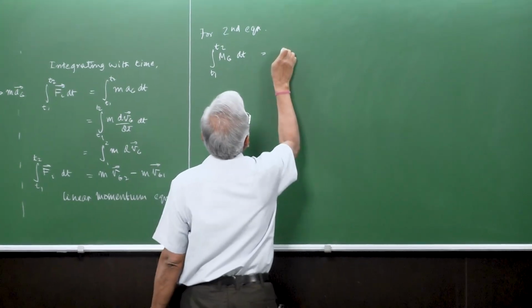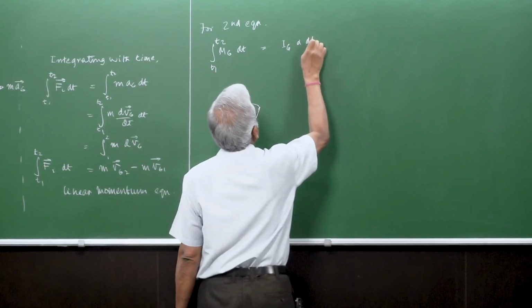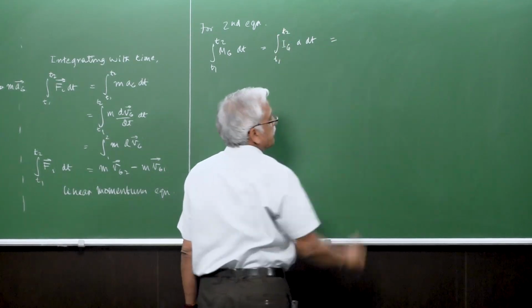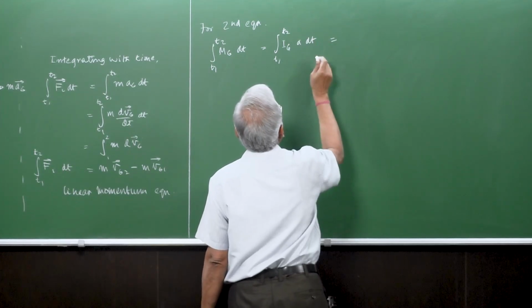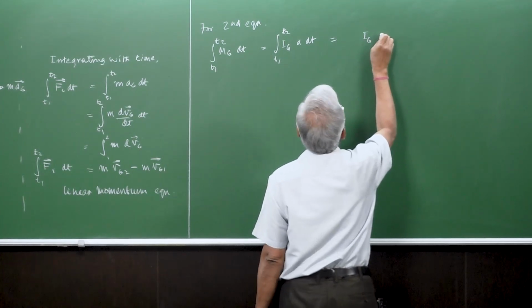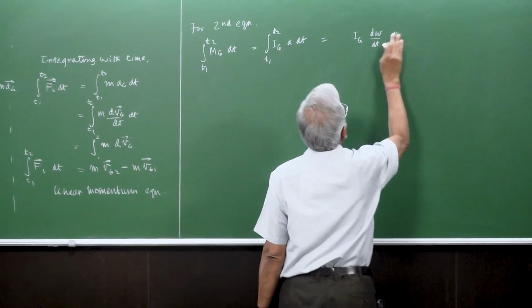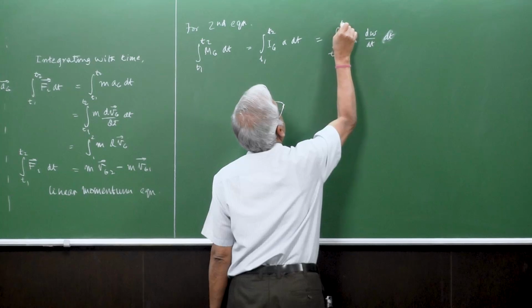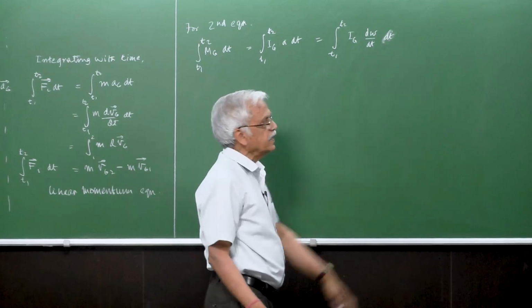IG times alpha, integrated from t1 to t2, where alpha can also be written as d omega by dt, and dt here.